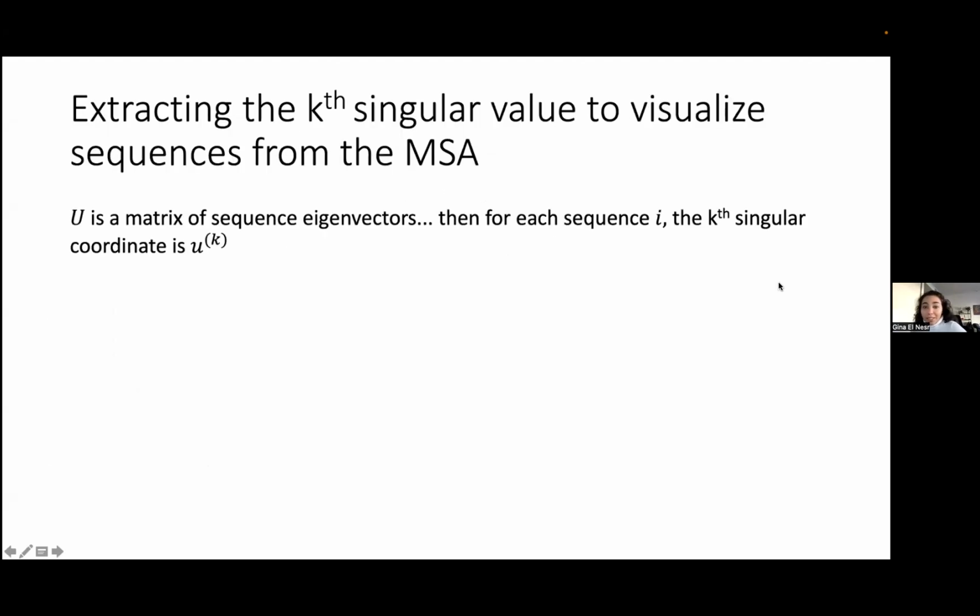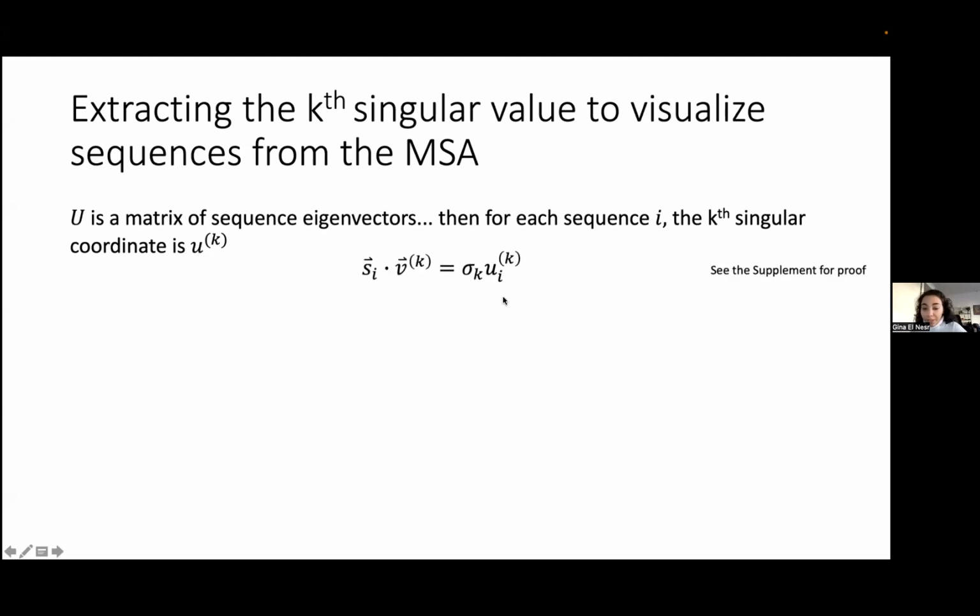If we want to extract the kth singular value, you can imagine that's the equivalent of looking at which one is the most significant. U is that matrix of sequence eigenvectors, so for each sequence i, we would just look for the kth sequence eigenvector, that's U_k.